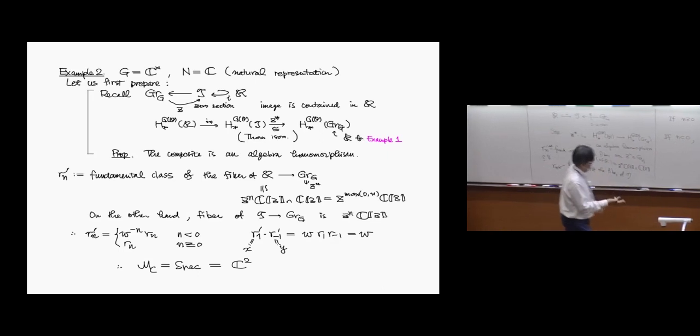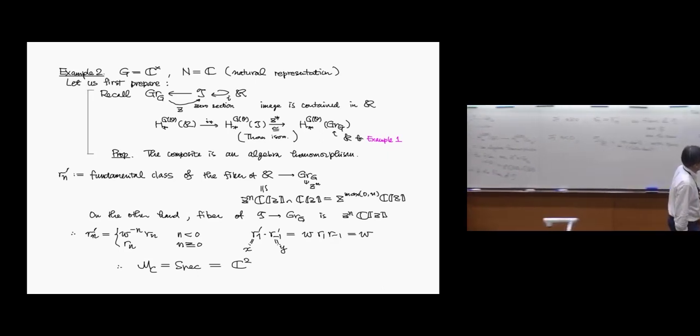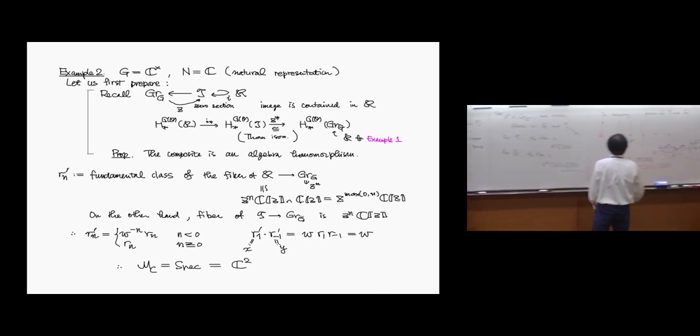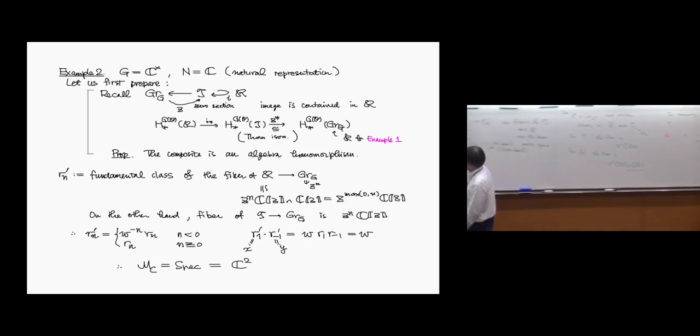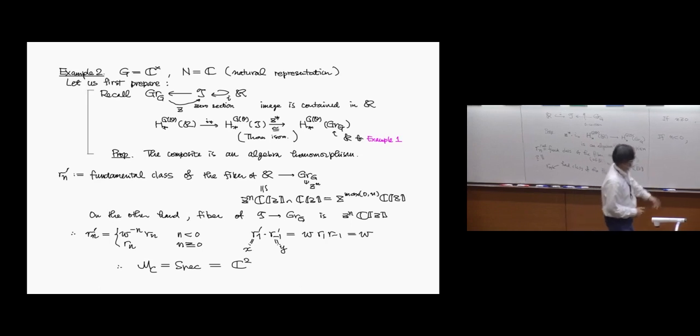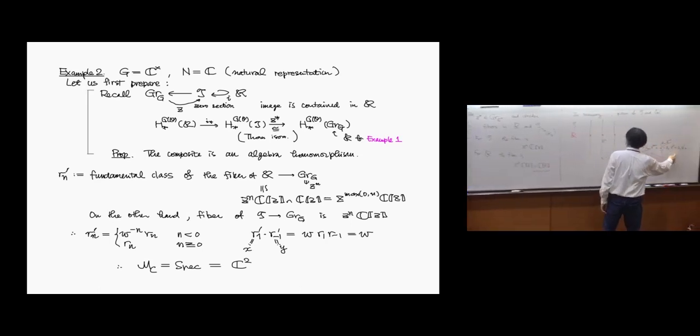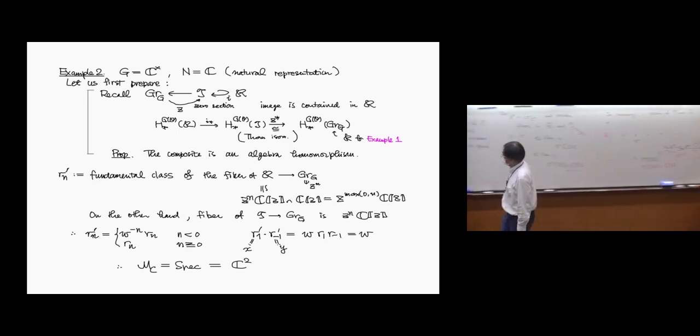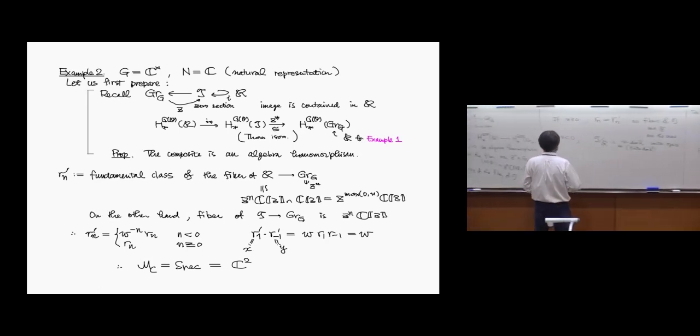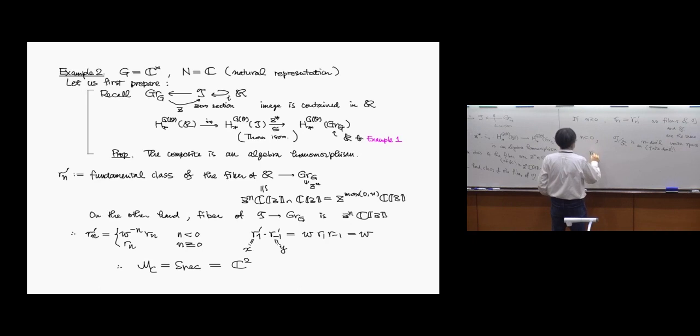And you need to consider the C star. C star is not coming from the loop rotation. This is just multiplication on the whole vector space, so each has weight 1. So then you see that Rn prime is equal to W to the minus n times Rn.